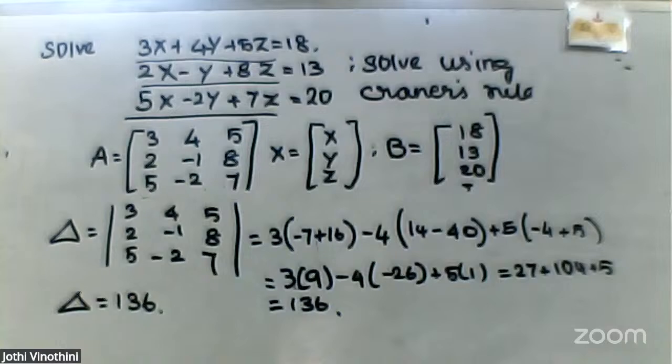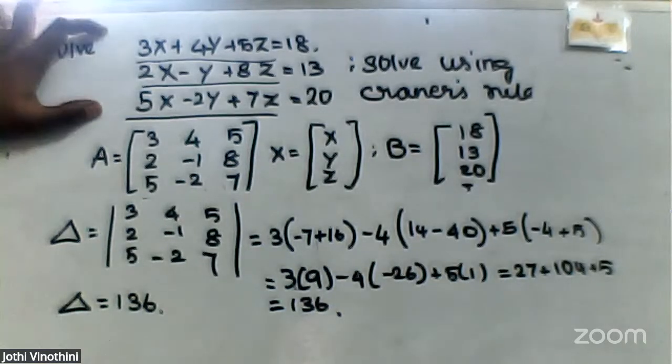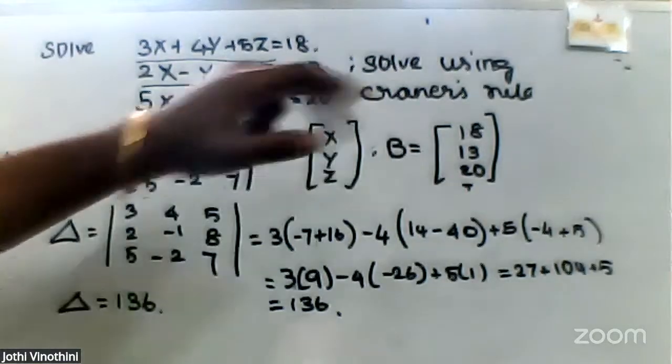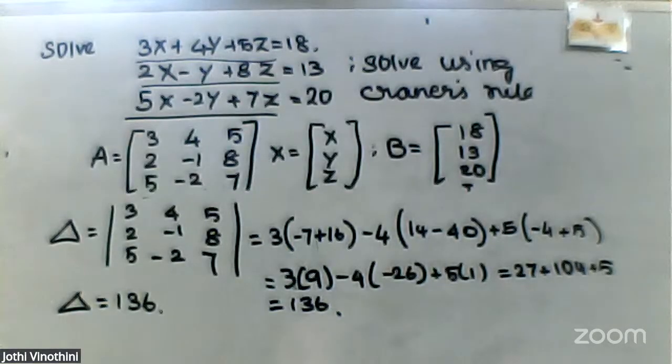Okay? Okay. So we are provided with three linear equations, and according to the question, we have to solve it with Cramer's rule. What's Cramer's rule? X equals del 1 by del, y equals del 2 by del, and z equals del 3 by del. Okay? Okay.